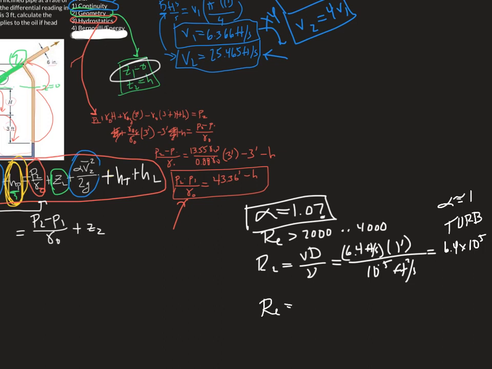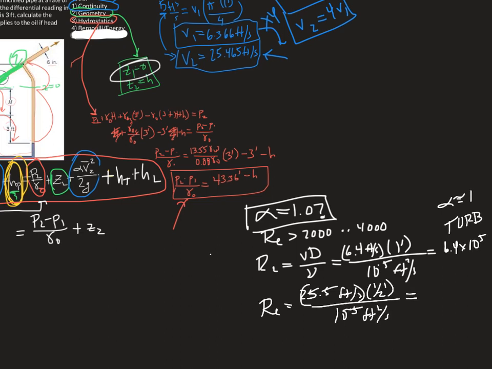Now we could do it for the other one. I don't think it's really going to make a difference, but we'll go ahead and do it just to be sure. 25.5 feet per second, times a half a foot, divided by 10 to the negative 5th feet squared per second.